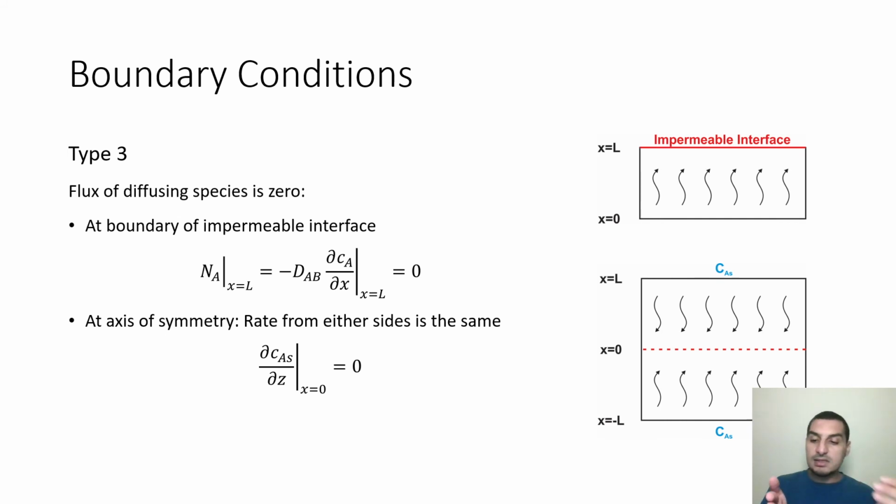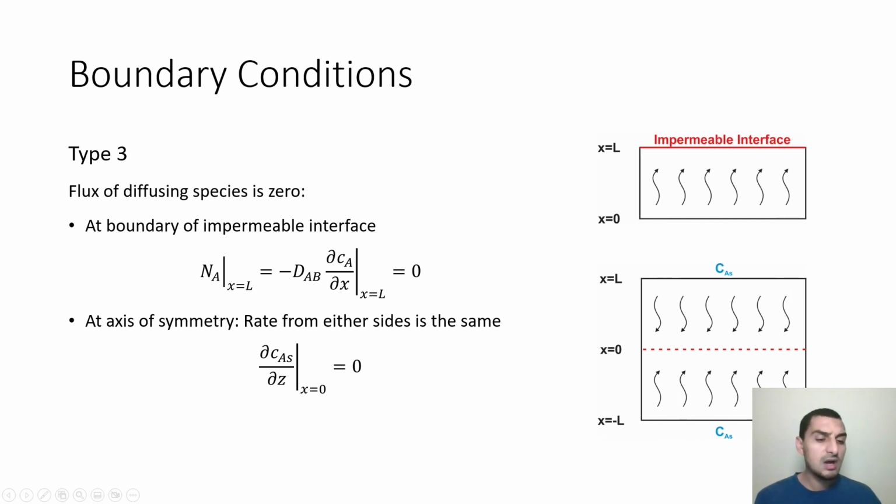So if a gas is diffusing through a phase and then it faces an impermeable interface, this impermeable interface is not going to let the flow go, so the flux of this gas through the impermeable surface is 0. So this is what we say here, that the flux at x equals L of an impermeable interface equals 0.